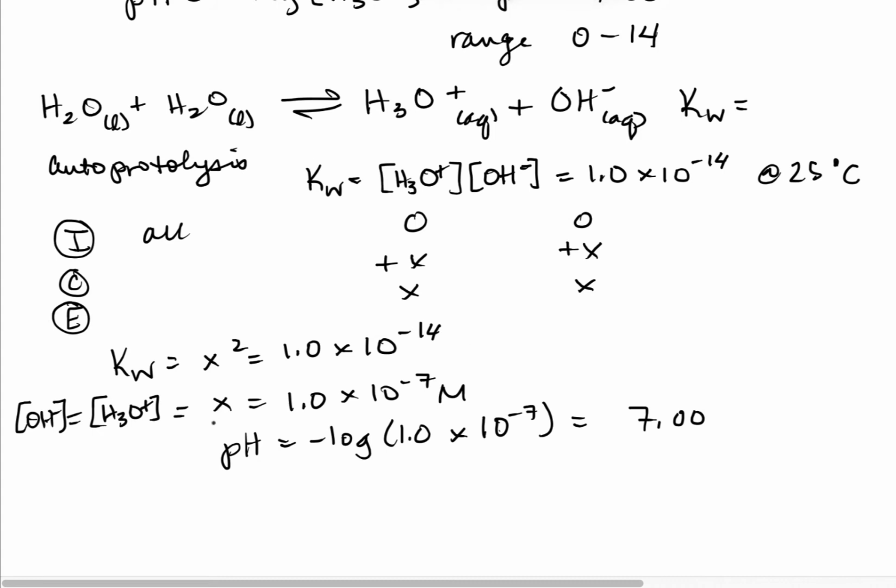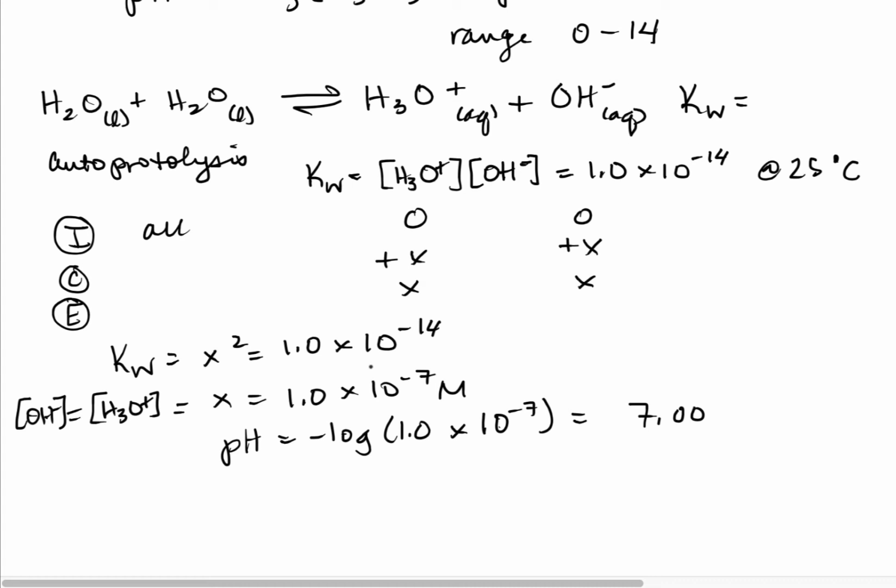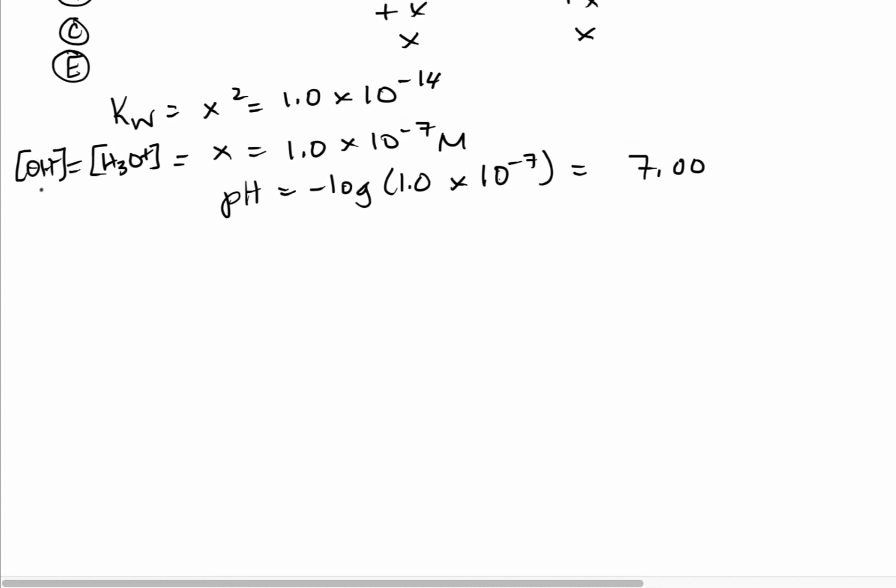Okay, now what can we do with this knowledge that the equilibrium expression for Kw is this hydronium ion concentration times the hydroxide ion concentration? Let's look back at our two reactions for the acetic acid.